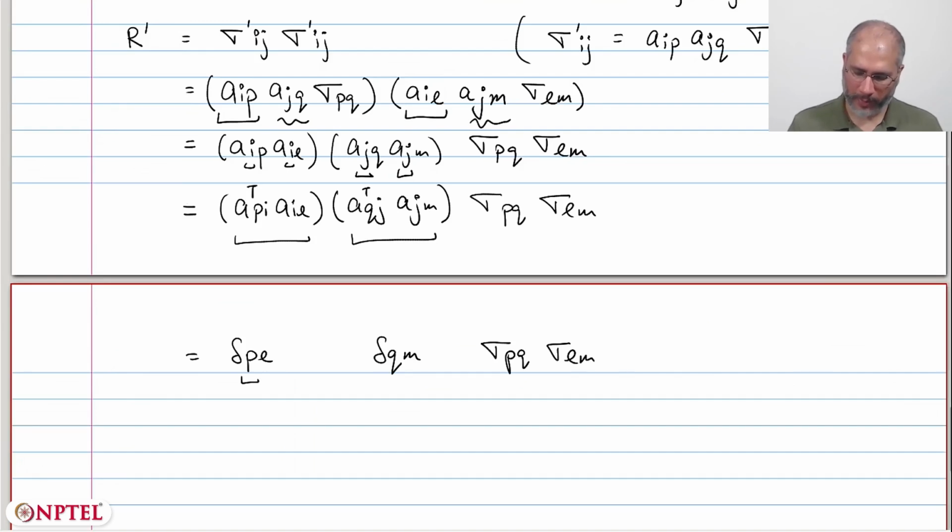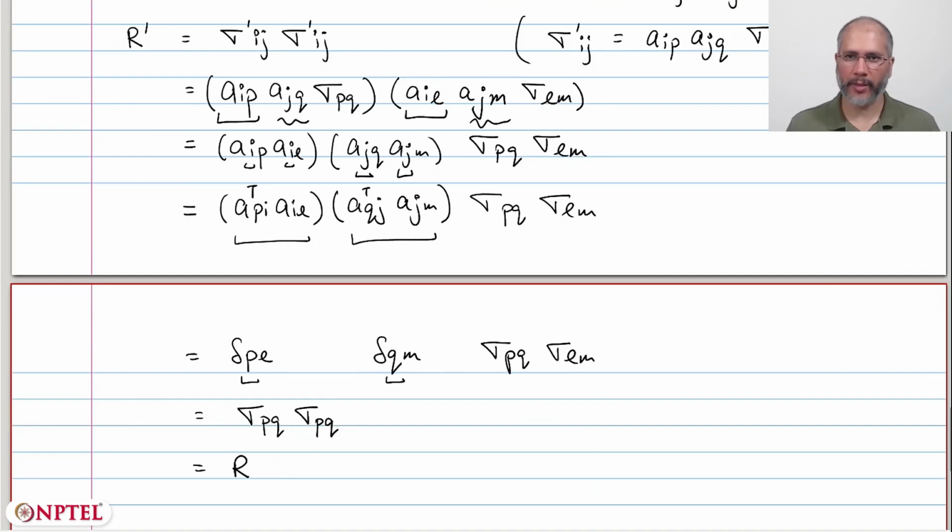So I'll retain P and Q and substitute the other indices applying the substitution rule. So this becomes sigma PQ, and then L becomes a P from the first delta and M becomes a Q from the second delta. This is sigma PQ times sigma PQ. And this is R, the scalar quantity we started with.